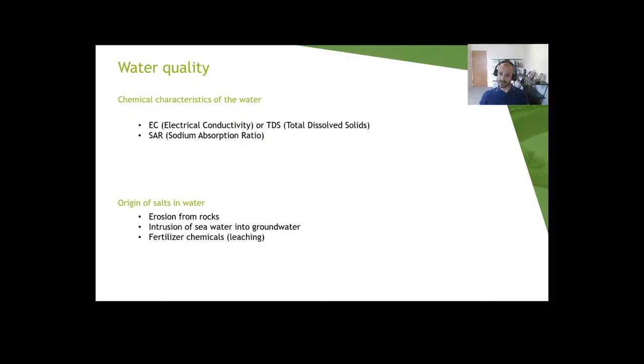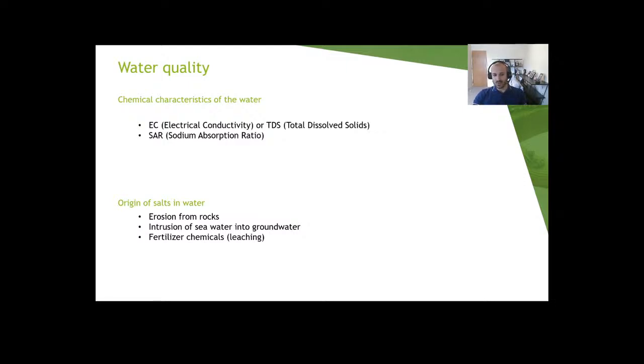And on the other hand, the EC is indirectly measuring the amount of salts, so it's measuring indirectly the salinity of the water. And of course, if the EC is very high, you can have big problems because the salinity is high and you can cause some stresses, and I will talk about this kind of stresses later.